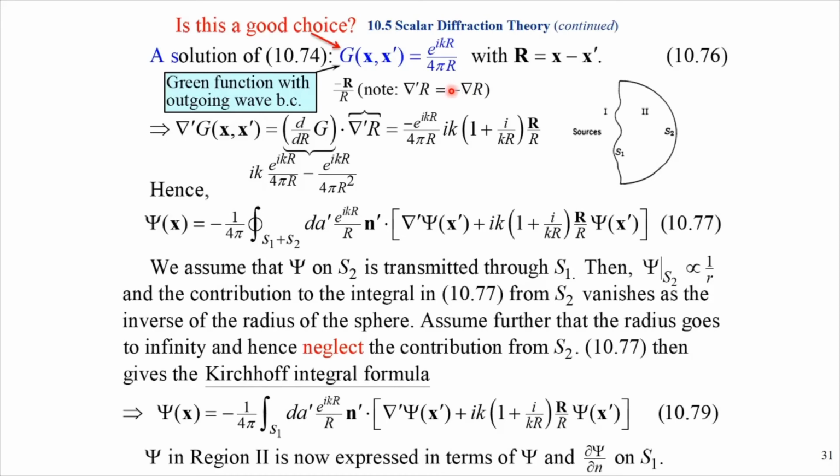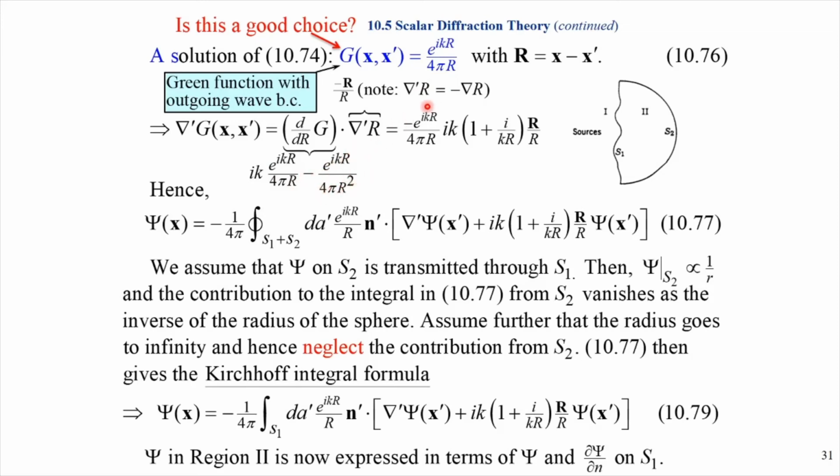So we can change the notations, and this one equals minus R over R. The G dot gradient R: we change G first and then change R. And the G gives us two terms. We change the numerator, so we have ik exponential ikR over 4 pi R, the same. And here we have another one, minus e^(ikR) over 4 pi R squared.